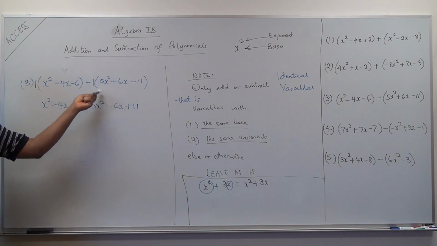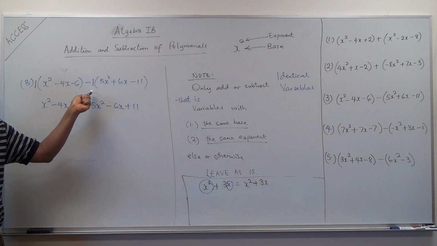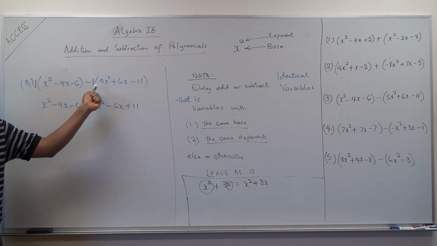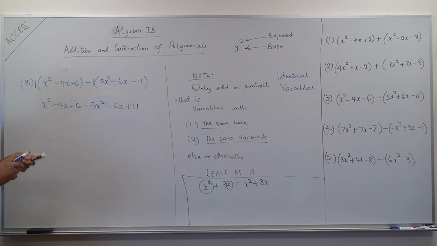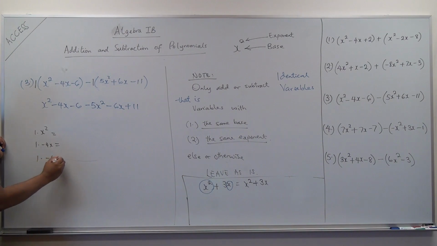Let me repeat this aspect again because some students kind of mess up with this. Now, for this one, you just write 1 times x squared, 1 times negative 4x, 1 times negative 6, right? So this gives you x squared minus 4x minus 6.